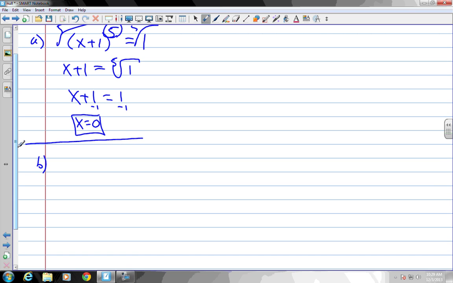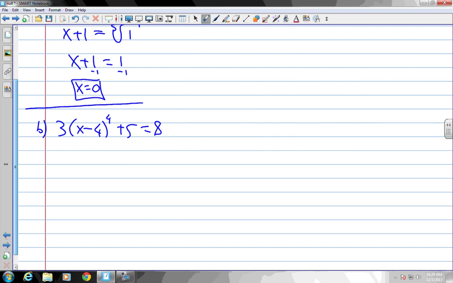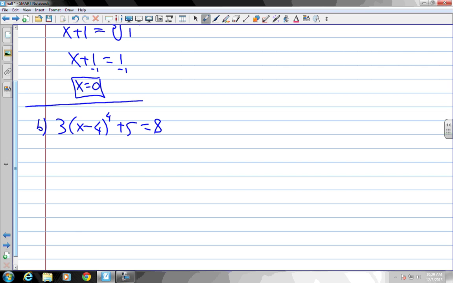Let me show you another one. If I have 3 times x minus 4 to the power of 4, plus 5 equals 8. Right, so first would be to isolate that power term.